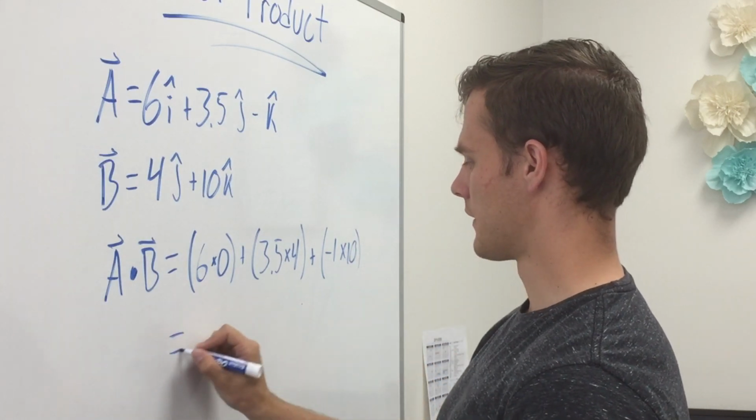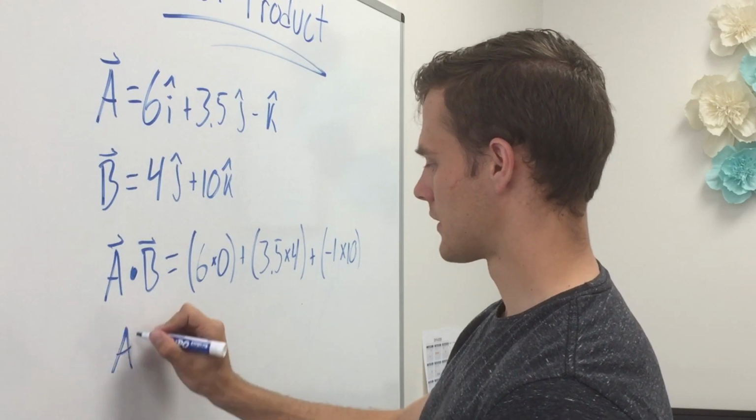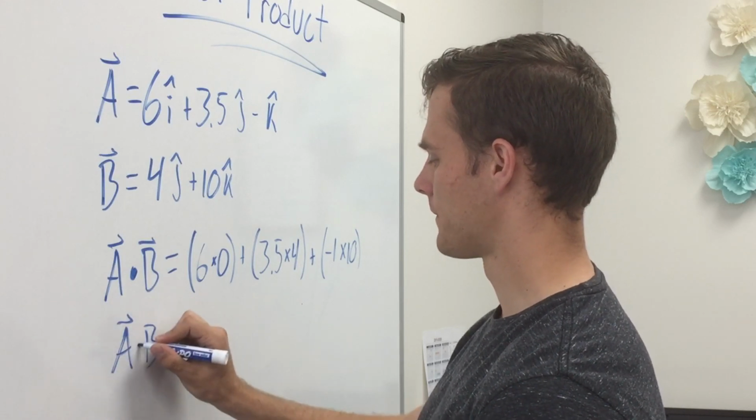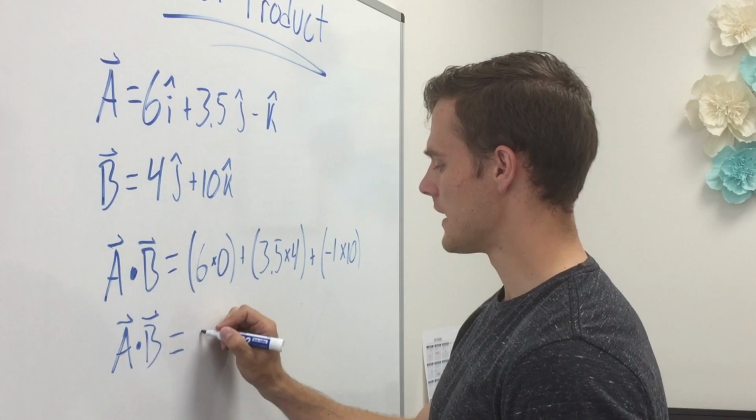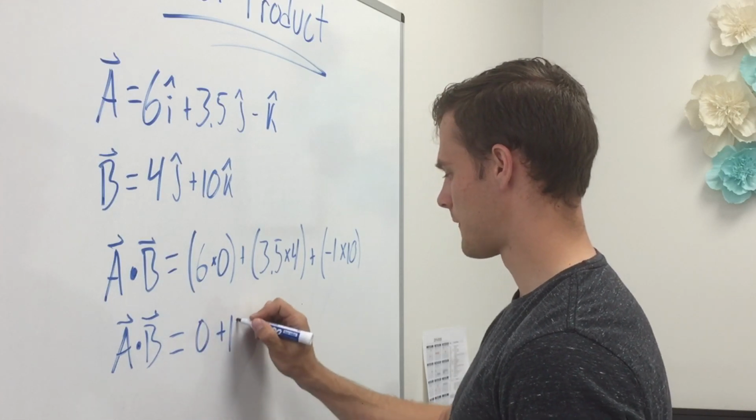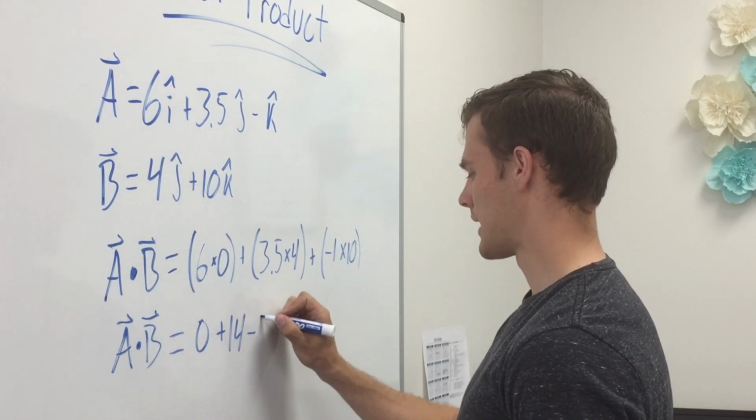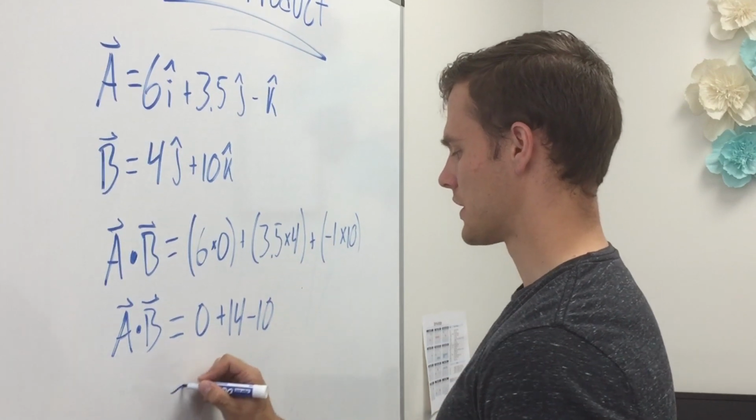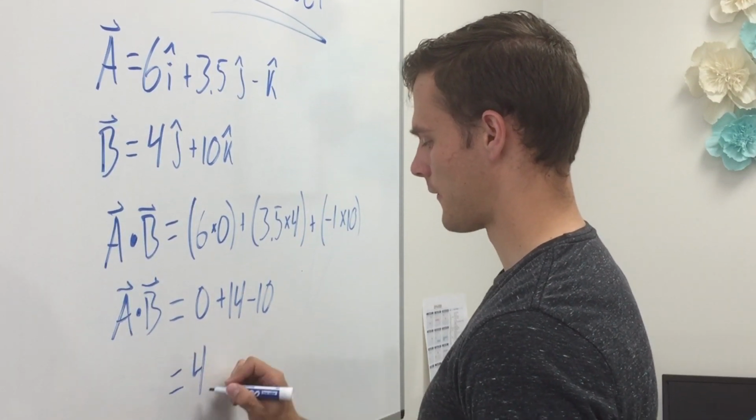And you'll get that the dot product of A and B is 0 plus 14 minus 10, which comes out as 4.